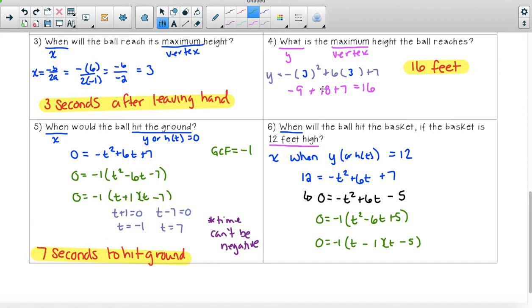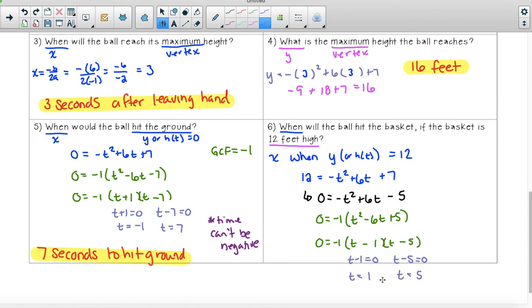So now we want to set these equal to 0, anything that has a variable with it. Negative 1 does not. T minus 1 equals 0, and t minus 5 equals 0. We get t equals positive 1 and t equals positive 5.